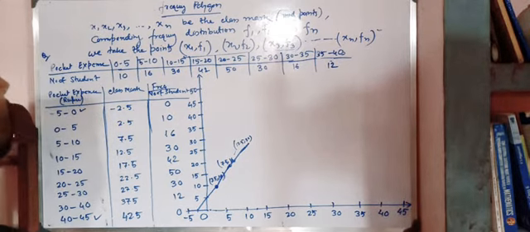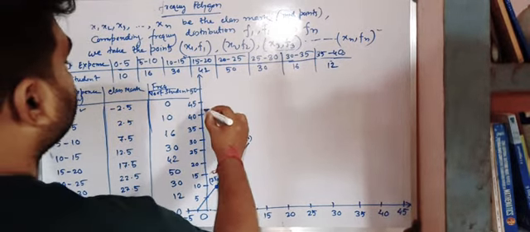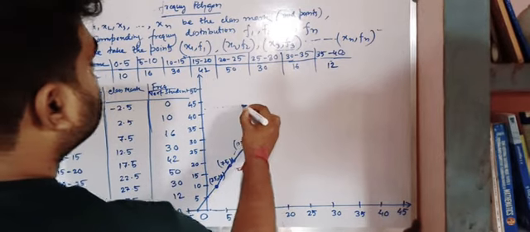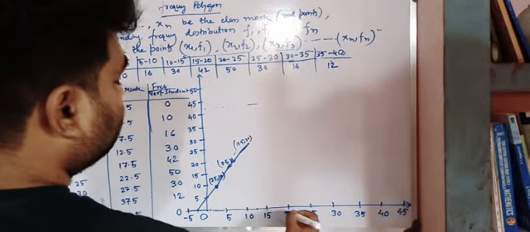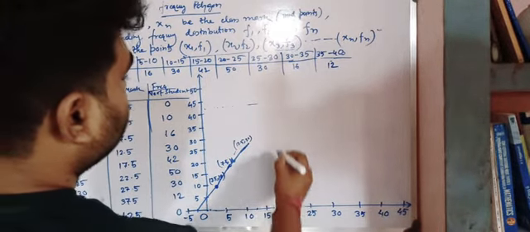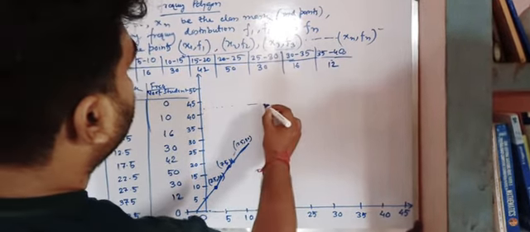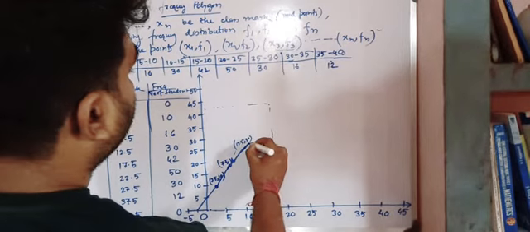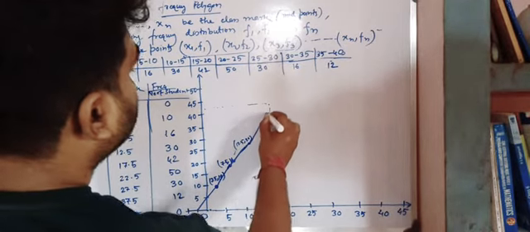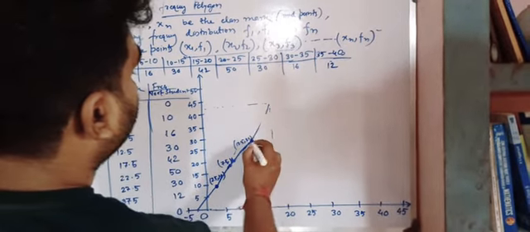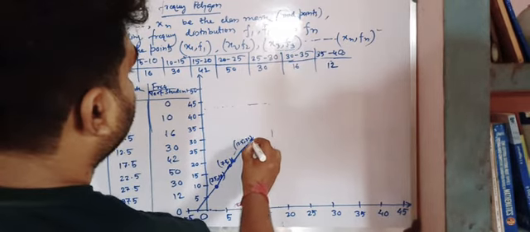Okay. Next 17.5, 42. This is 40. So obviously this is 42. And 17.5 is between 15 and 20. So from here we are going to that point by drawing a straight line.